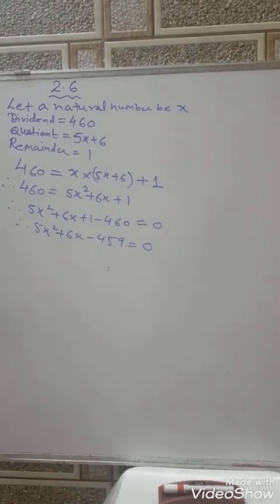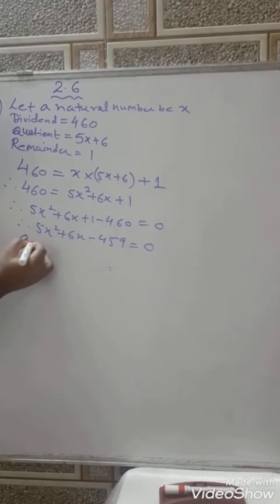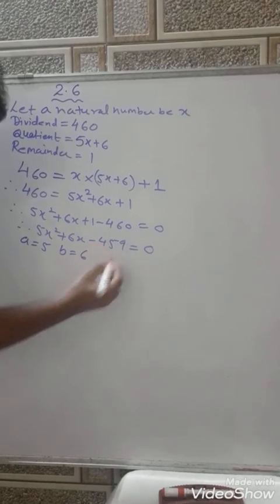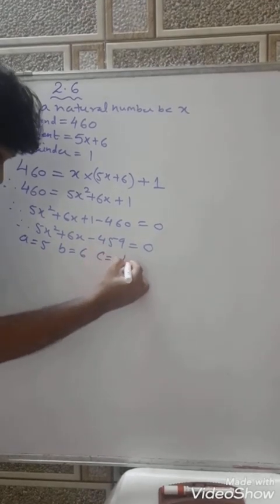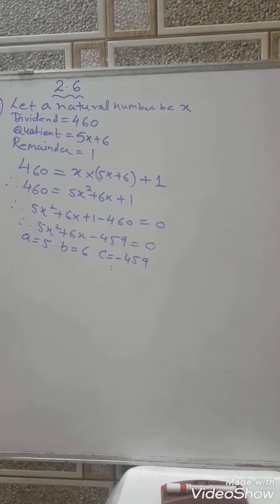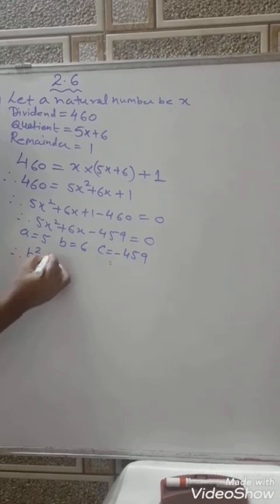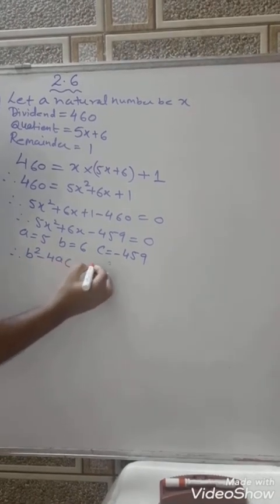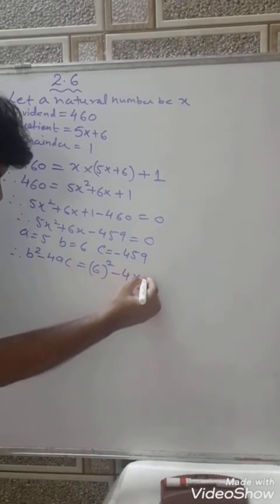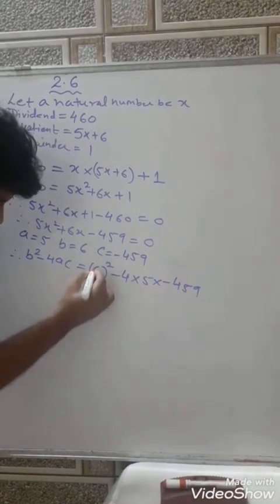So here we use the formula method. A equals 5, B equals 6 and C equals minus 459. Now find B square minus 4AC. So the square of 6 minus 4 into 5 into minus 459.